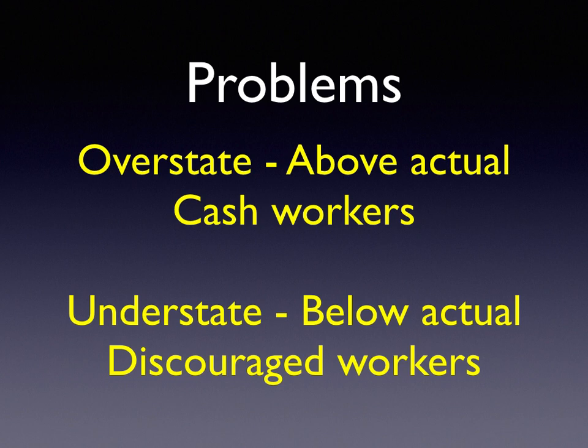So if we're real happy about the unemployment rate going down, it could be just the fact that many of our unemployed workers have become discouraged, left the labor force, and that would cause the unemployment rate to go down. So it looks like our unemployment rate is going down, but those workers are not getting jobs. They've actually left the labor force and gone to the not in the labor force discouraged worker category.